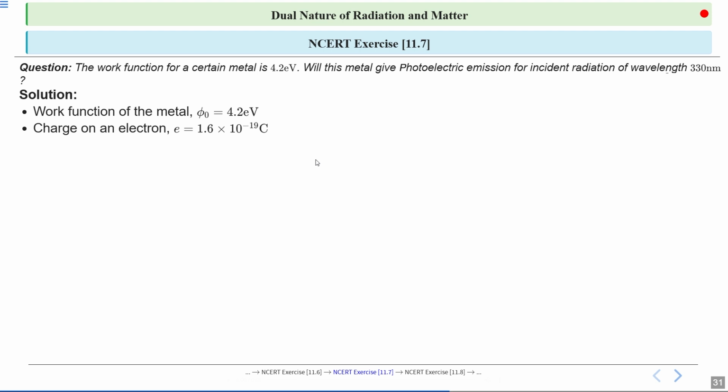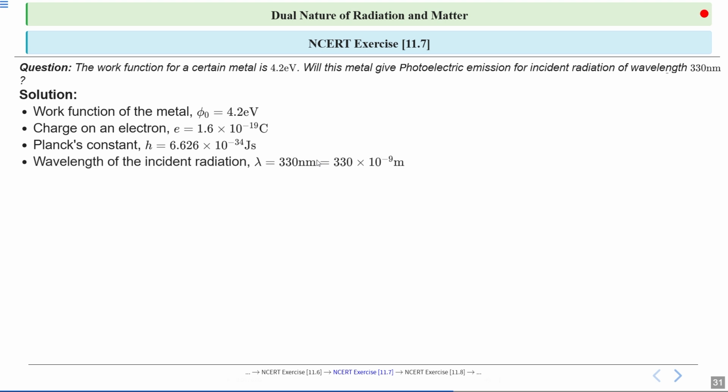Charge on an electron equal to 1.6 into 10 raised to the minus 19 coulomb. And Planck's constant h is equal to 6.6 into 10 raised to the minus 34 joule second. Wavelength of the incident radiation lambda equal to 330 nanometer. Speed of light 3 into 10 raised to the 8 meter per second.